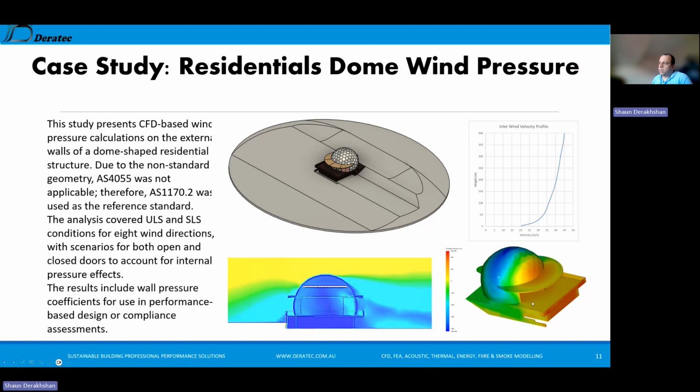We consider 2 scenarios. One, door opens, so internal pressure is not zero or negative, it's positive, and from the other side negative. So we consider different, maybe 32 scenarios. And also we had ULS and SLS conditions.